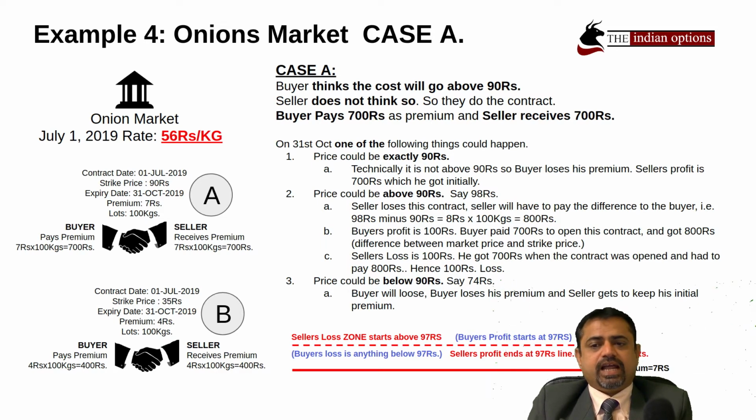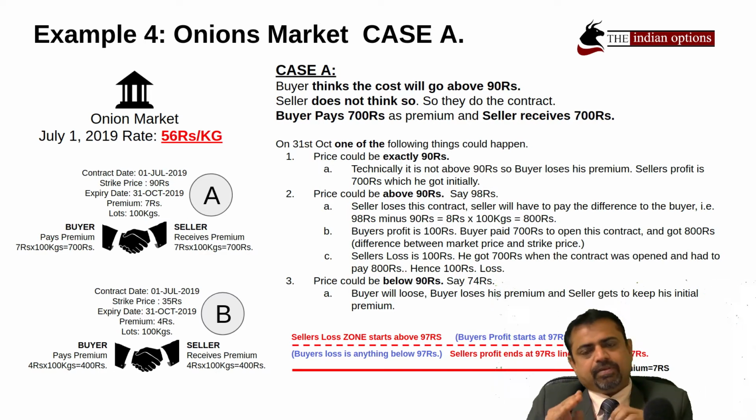It means 98 rupees minus 90 rupees, that is what the price was decided, and that is 100 kgs, so 8 rupees loss per kg, 800 rupees. Now the buyer's profit is 100 rupees. Why? Because he paid 700 rupees initially and now the seller has paid him back 800 rupees. So 800 minus 700 is 100 rupees. That is the profit of the buyer.